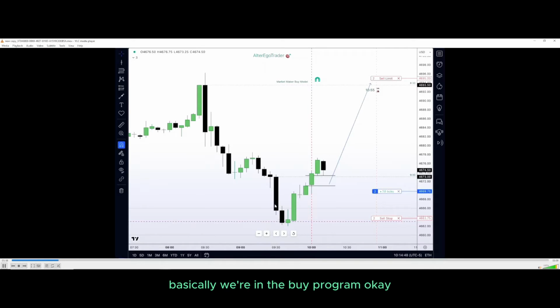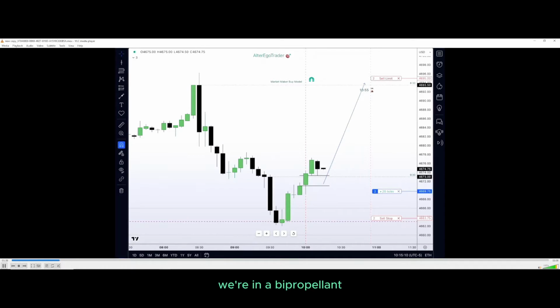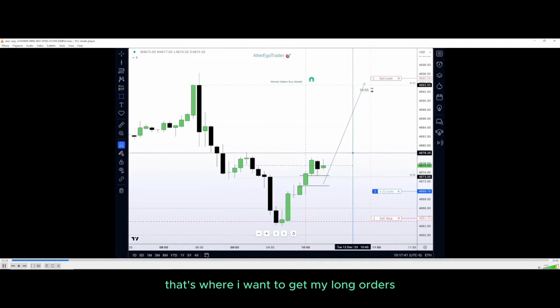Basically, we're in a buy program. Okay, we're in a buy program. This is a market maker buy model. So we have the sell side delivery, and we're currently in the buy side of the curve, right? When on the buy side of the curve, that's where I want to get my long orders in and get my positions in.